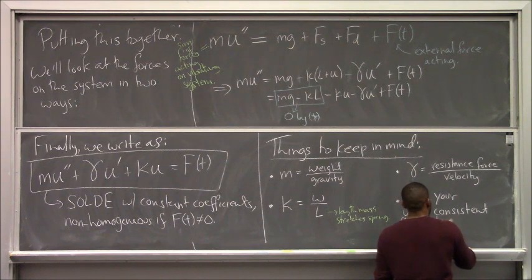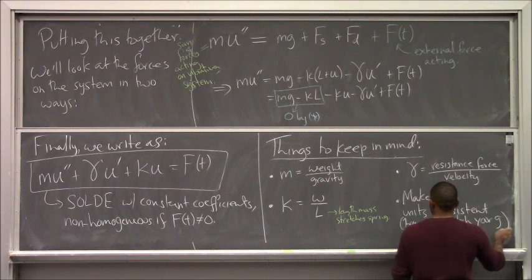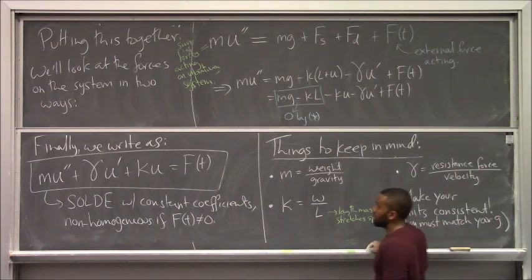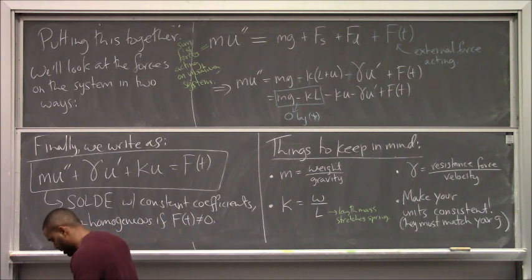They must match, and you want to know what it is in feet per second. G, 32. Yeah, I keep forgetting, because I remember 9.8 is so much easier. Or 10.